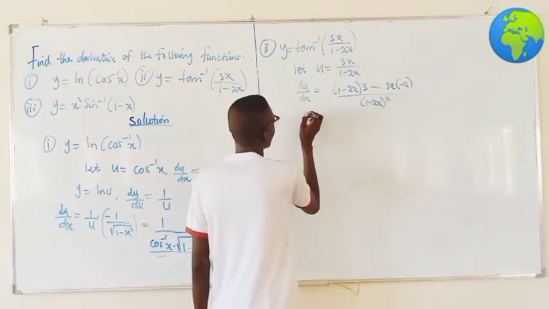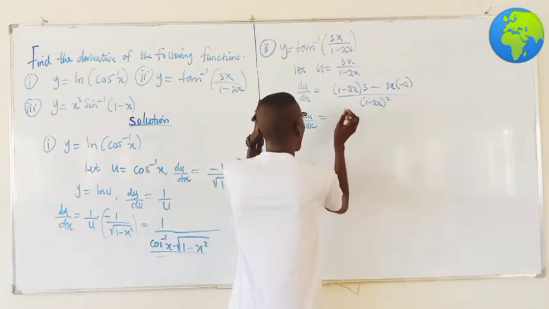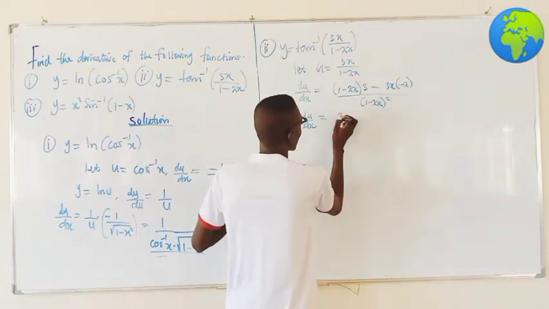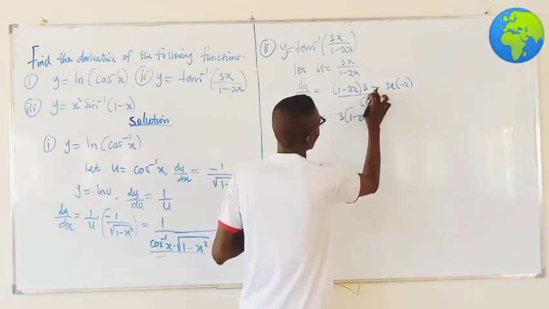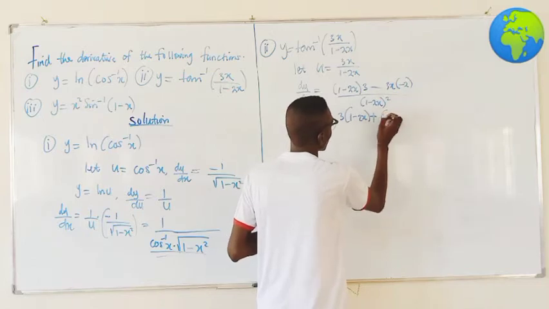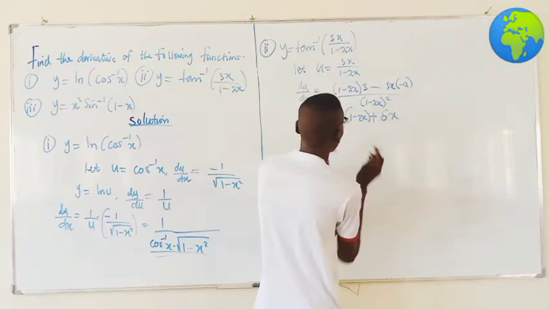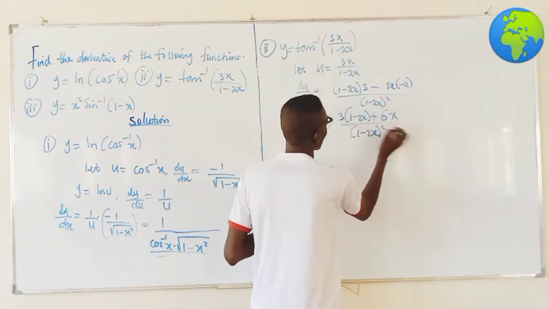So our du dx is equals 3 open bracket 1 minus 2x, minus and minus, I'm going to have plus 3 times 2, this is 6x, right? This is over 1 minus 2x all squared.